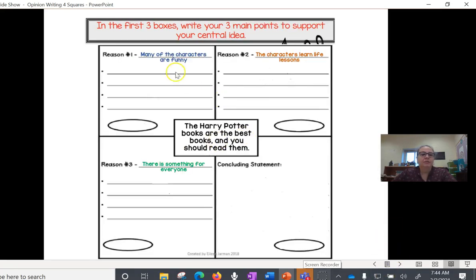So here, my reason 1 that supports my opinion is many of the characters are funny. The characters learn life lessons. And there is something for everyone. So these are my 3 reasons that I'm using to convince the reader that the Harry Potter books are the best and that they should read them.